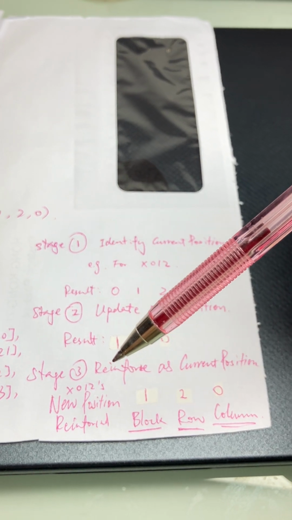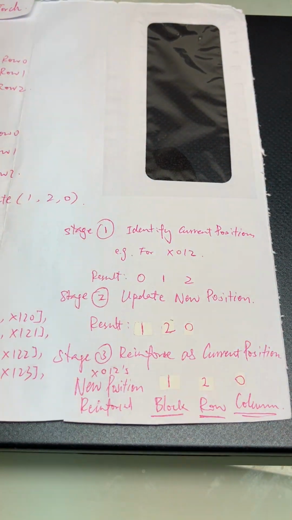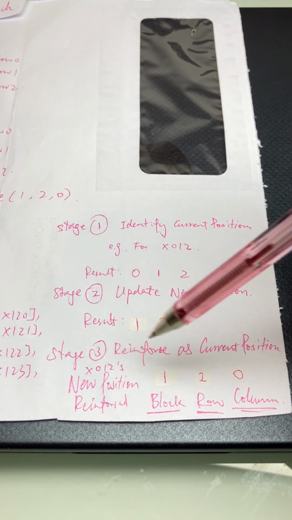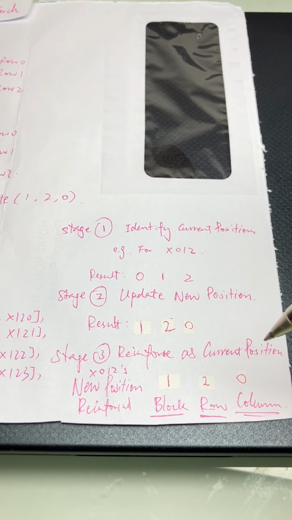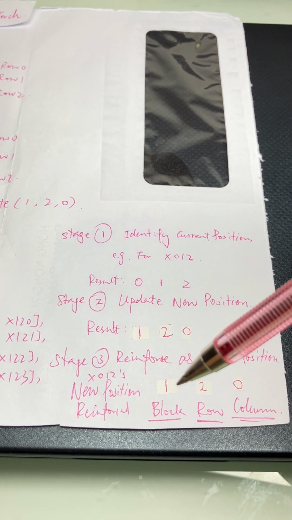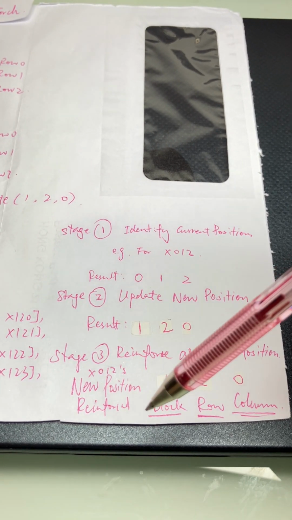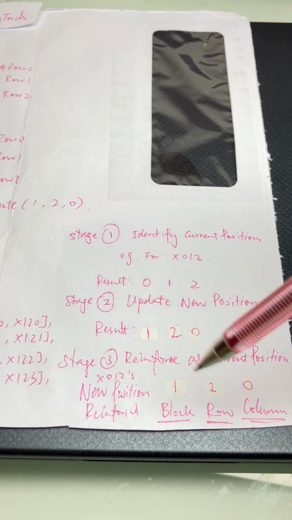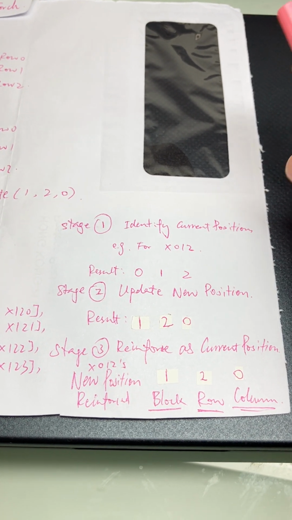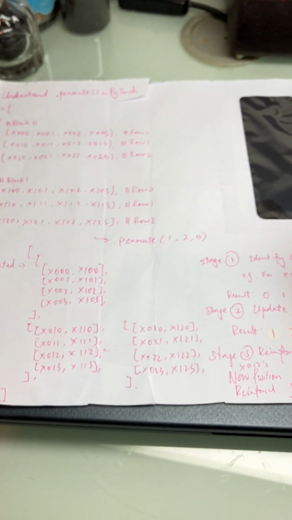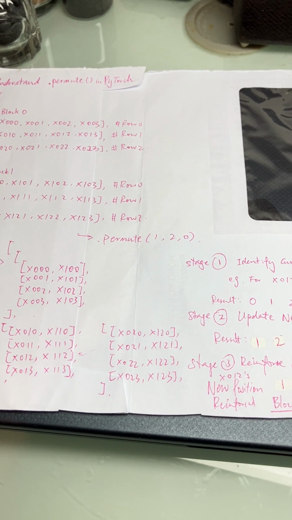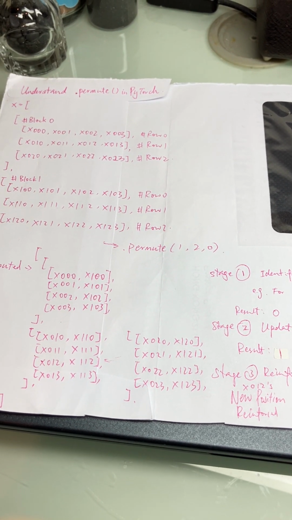Third and last is to reinforce the updated position as the current position, meaning we put the naming structure for each of the results in stage 2, and you will find the newly updated position for a specific value. By doing this one by one, you will have no problem figuring out the new permuted version of your tensor.